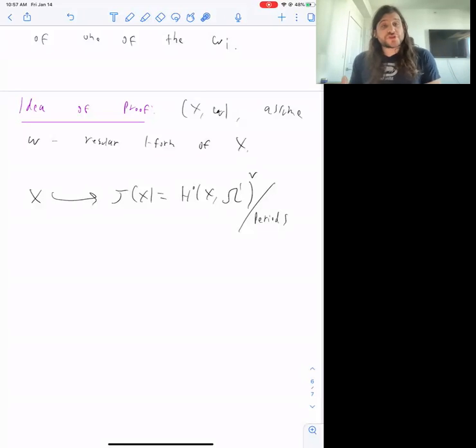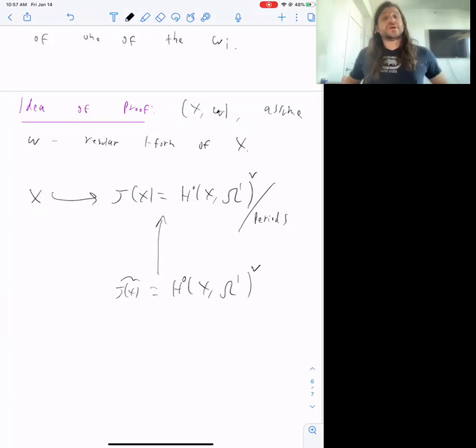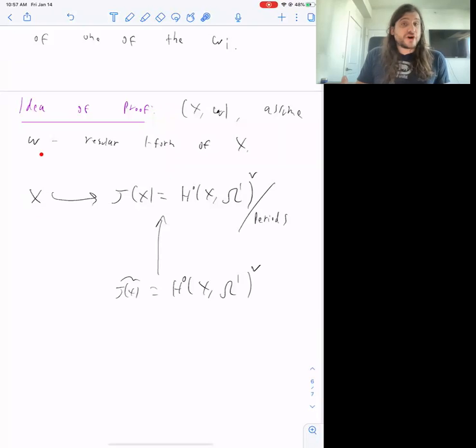Now, what is the universal cover of our Jacobian? Well, the universal cover is just: don't mod out by periods. So, sorry, H^0(X, Ω^1) dual. So it's just linear functionals on all differential forms. Now, the function we want to study on X ultimately is the integral of omega, right?